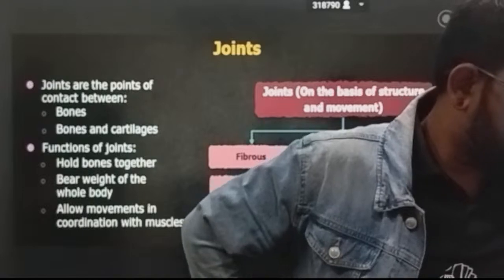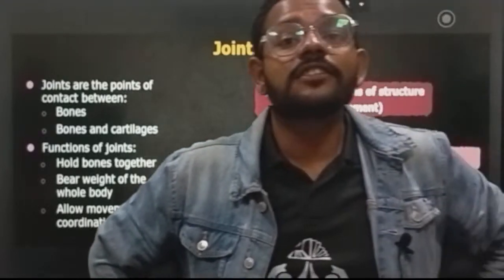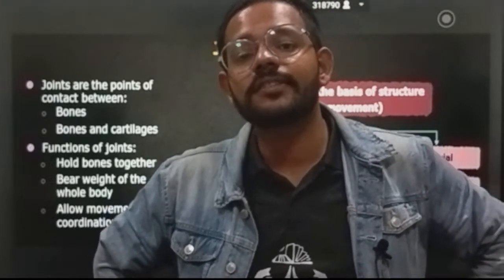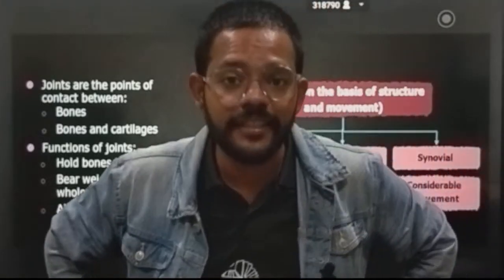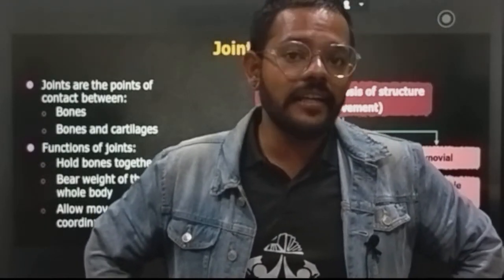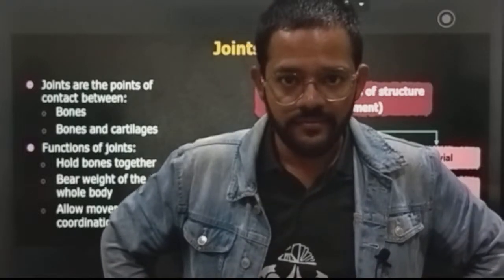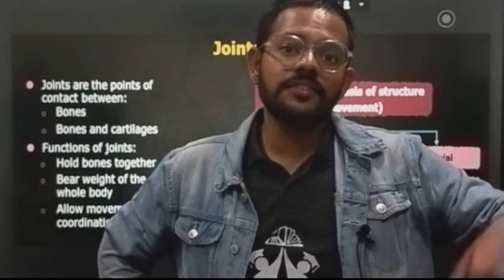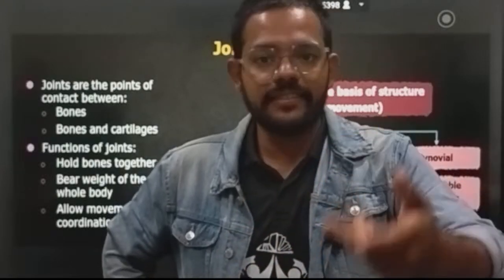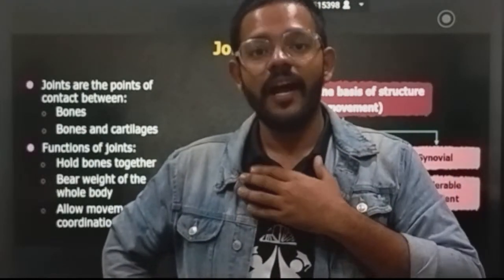One person is asking whether total bones are more in children or in adults. In children the bones are more than in adults, because they do not get ossified, that's why they have more bones. In adults we have 206, in children it is nearly 400. Children means babies, age less than 5 years. They have more bones than us.